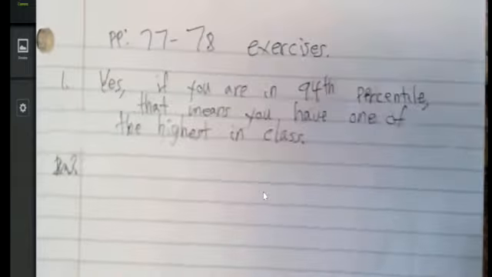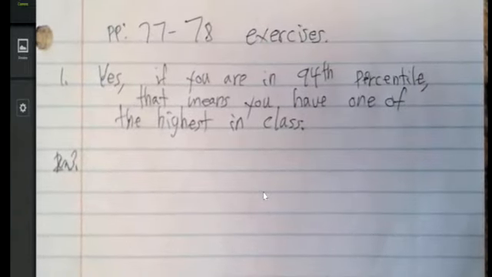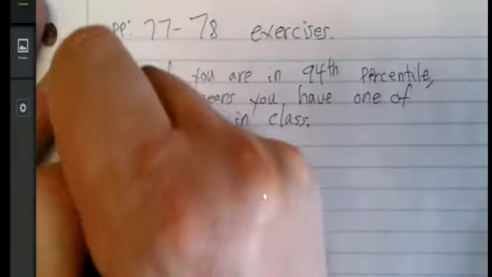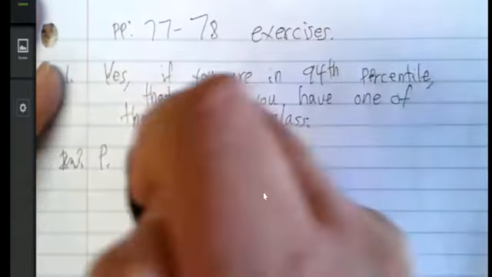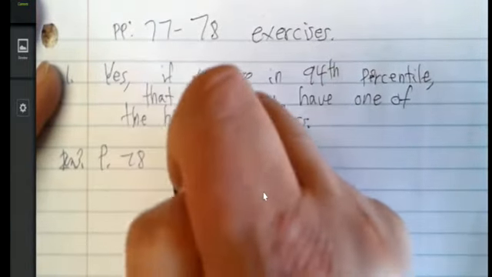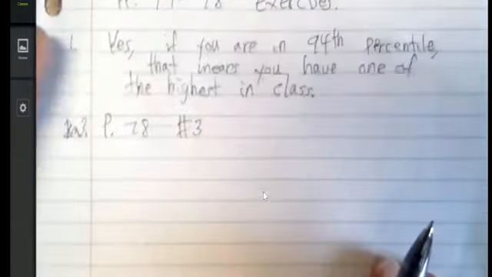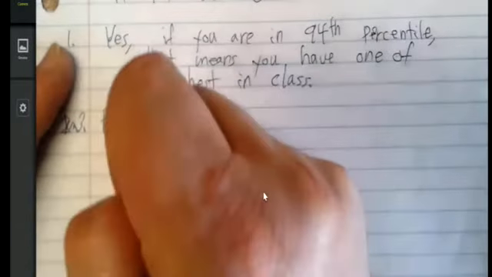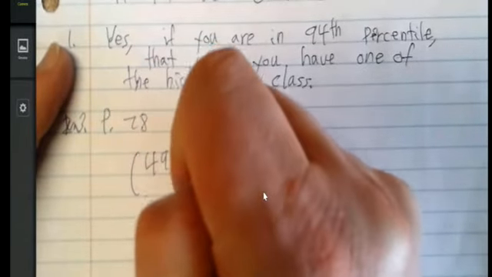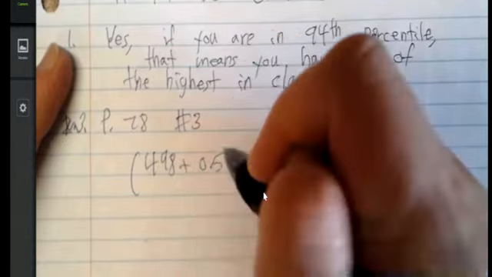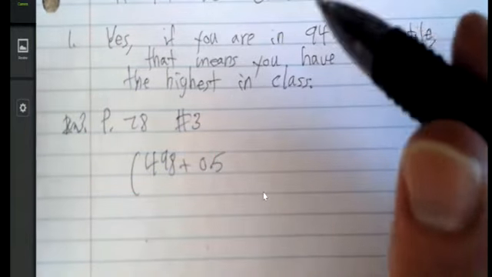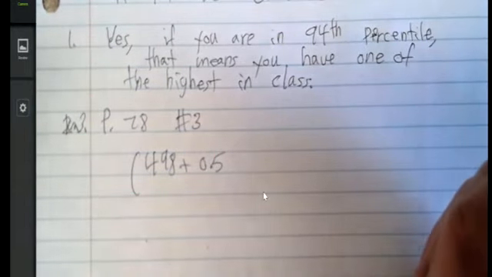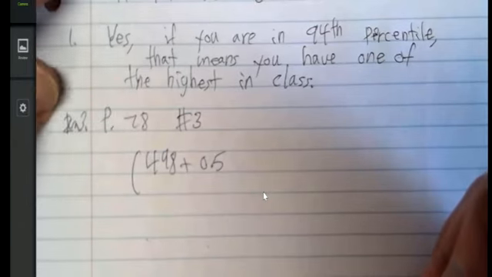So, page 78, number 3. So, marks that are less, 498, at 0.5, there is no one else that has a 586.